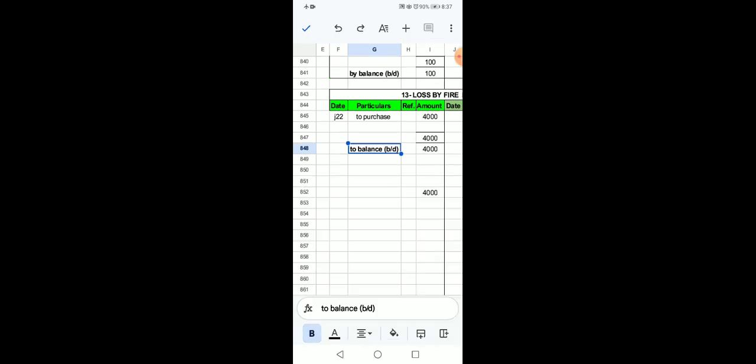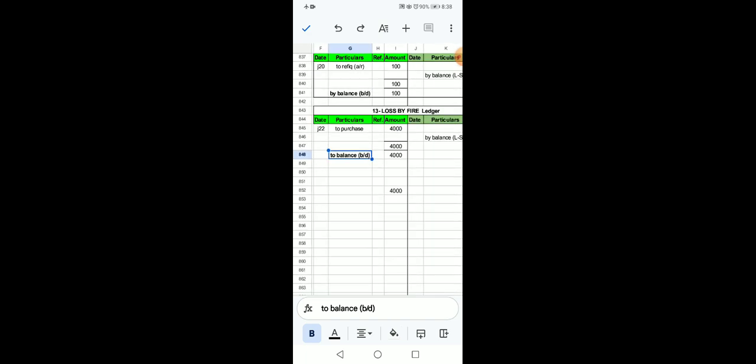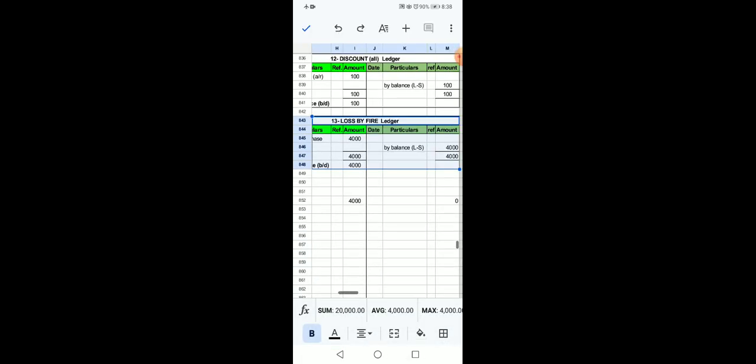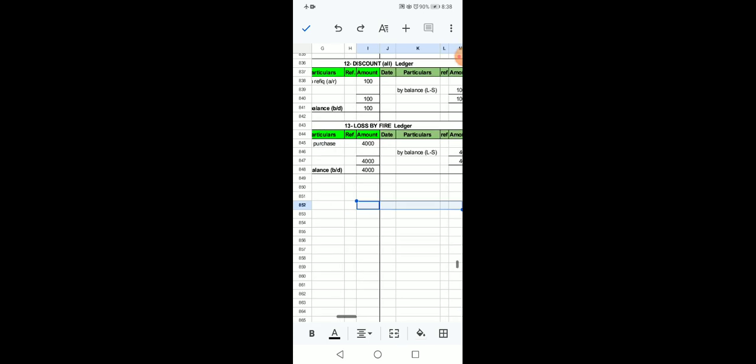Since this was our requirement for making any ledger and requirement is completed, it means ledger is completed, mark it as it has been done. These two balances were written just for the reference. Now they are unneeded to be written over here. You can erase them. Loss by fire ledger is completed.